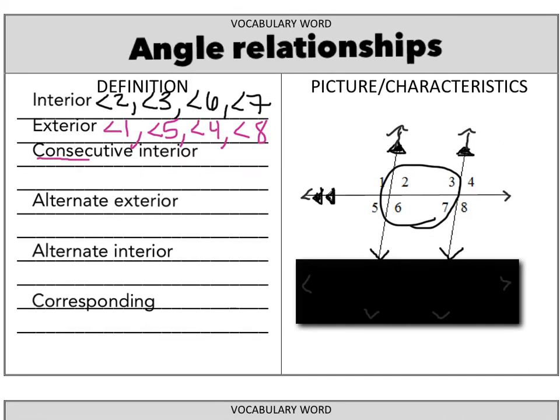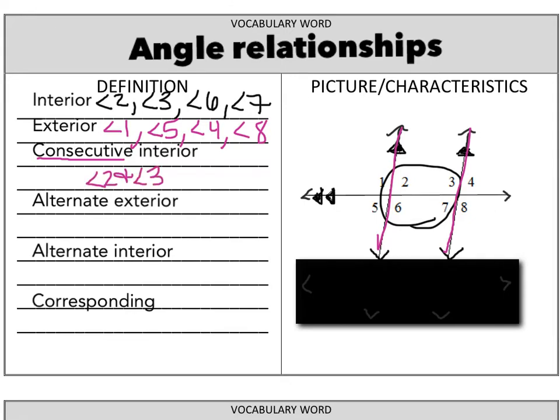Consecutive means one right after the other. Consecutive means right next to each other in the picture. So in between the two parallel lines, there's nothing in between them, no line, nothing. The consecutive interior angles would be angle 2 and angle 3.